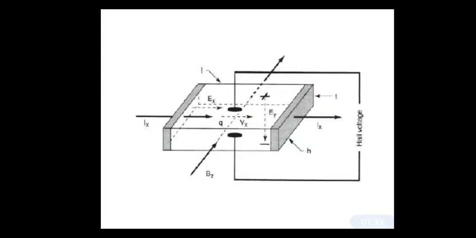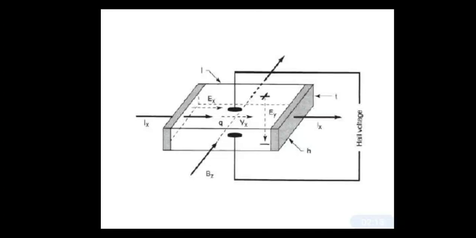Since this is p-doped material, the majority carriers will be holes. That means holes will be traveling in the X direction, say from left to right. When a charge carrier moves in a magnetic field, there will be a force acting on it which is perpendicular to both the direction of movement as well as the direction of the magnetic field.